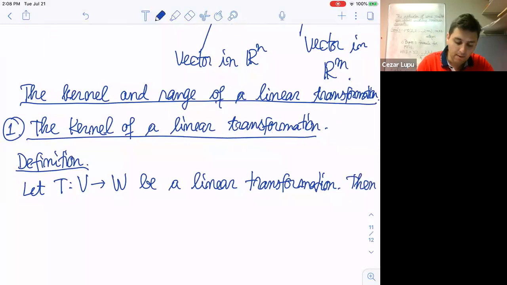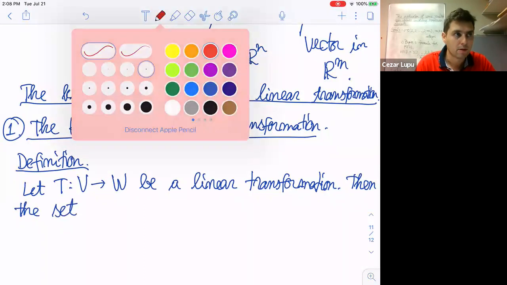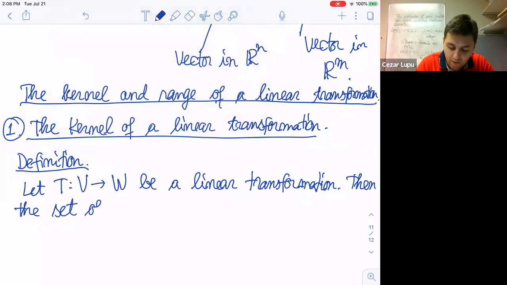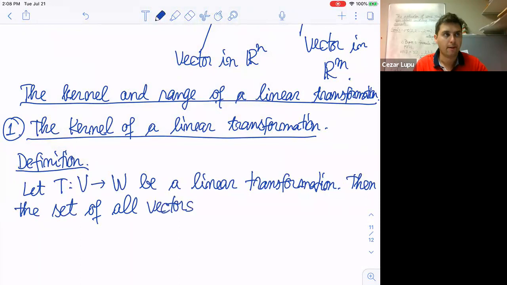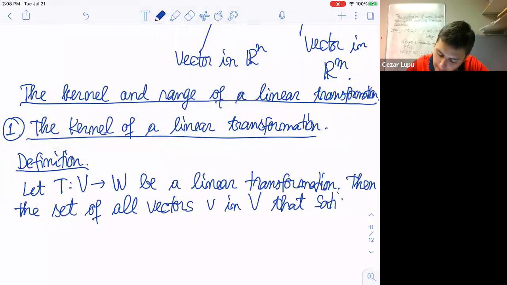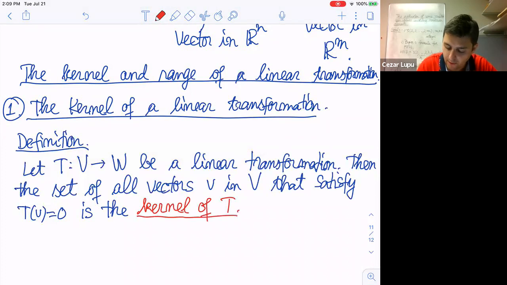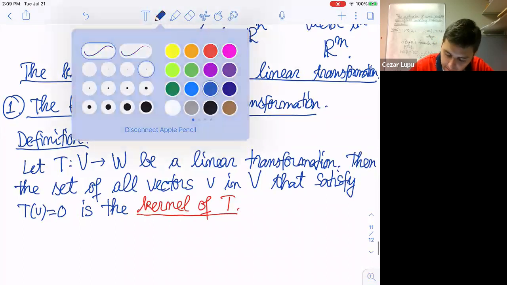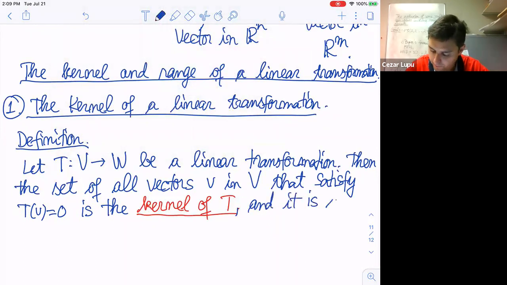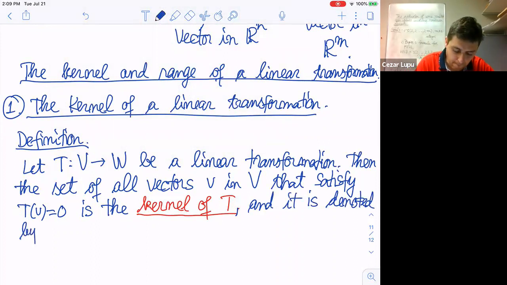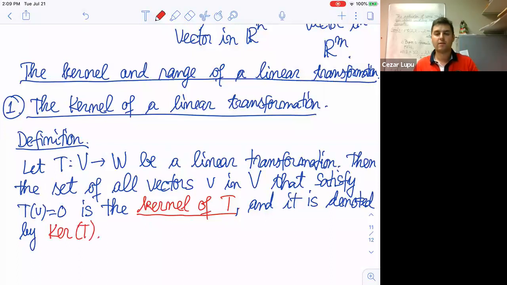Then the set of all vectors v in V, so in my vector space V, that satisfy T(v) equals 0, is the kernel of T. So that's the kernel of a linear transformation, and it is denoted by ker T. This is how we're going to denote the kernel of a linear transformation.